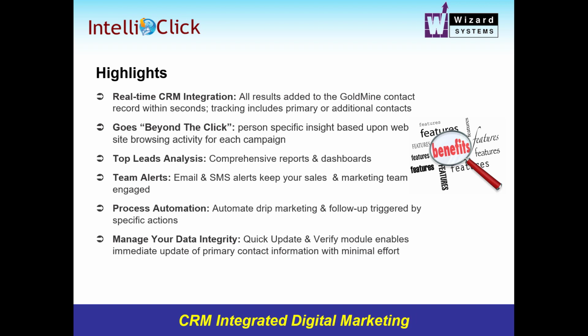Process automation. Many of you know GoldMine has a whole area and a whole engine built called automated processes, and that is designed to allow a series of steps to be taken.